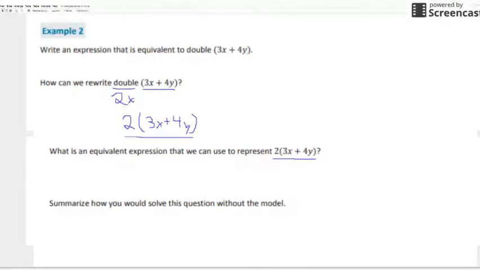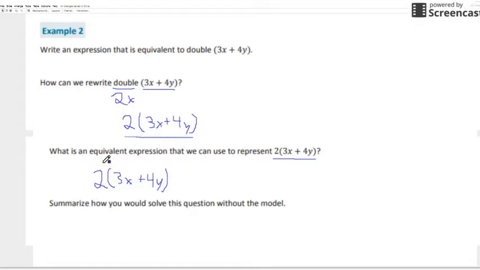Here we can actually do the multiplication. We can take the time and multiply it out. Remember, when we have this expression, 2 times 3x plus 4y, this is known as the distributive property.